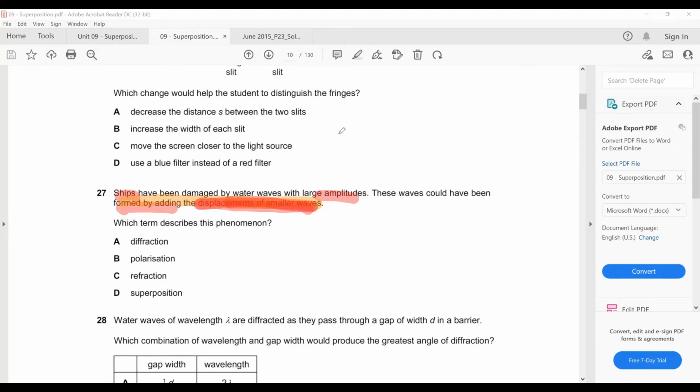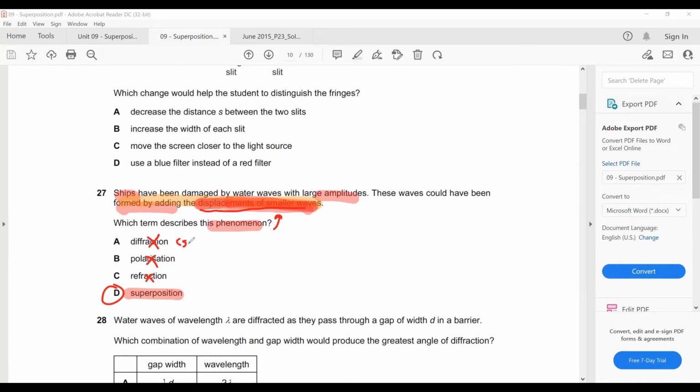What term will describe this phenomenon? Without thinking so much about it, you should know that it's talking about superposition, because one of the first things you learn under this chapter is that superposition states that where waves meet, the resultant displacement is the sum of the displacement of the individual waves. So it's talking about superposition, not diffraction, not polarization, not refraction.